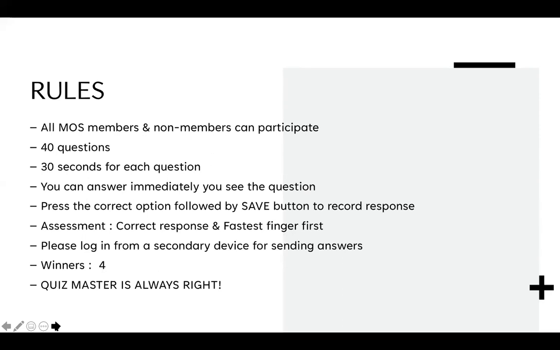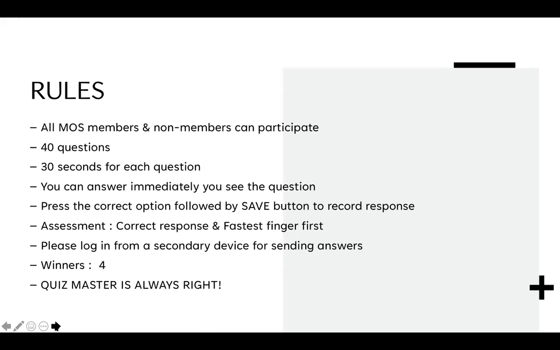For the answer to be recorded, you need to choose the right option followed by the save button, and only then is your response recorded. The scoring is based not only on how many correct responses you've got, but also on how soon you gave that response.